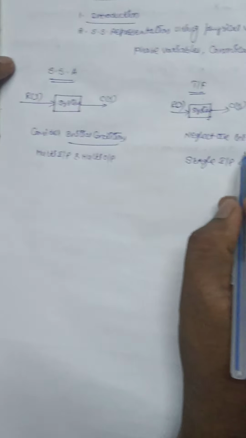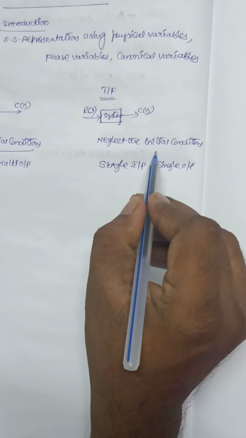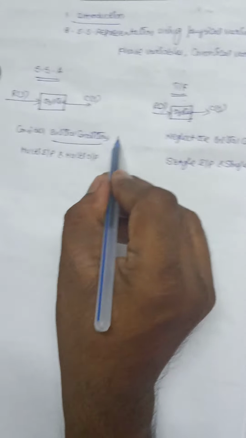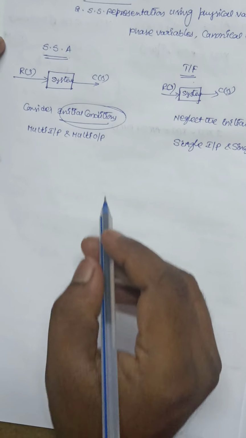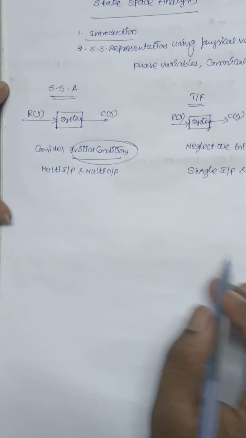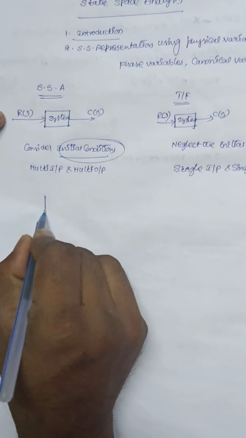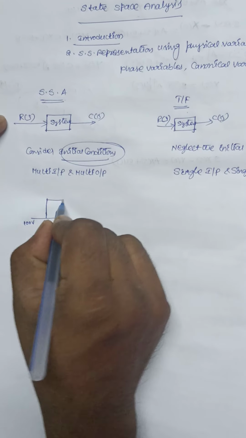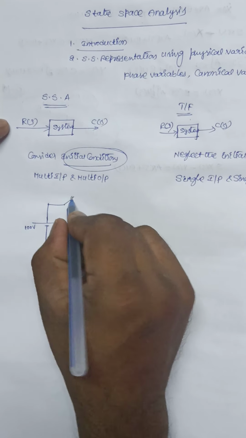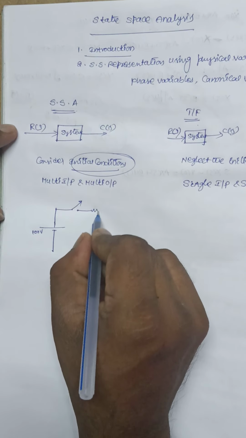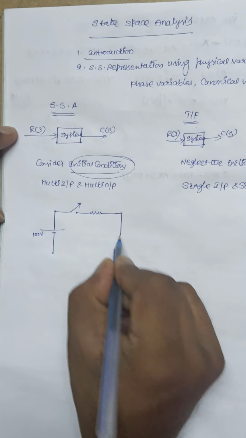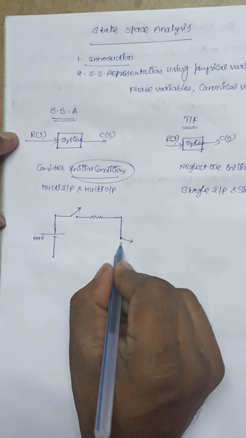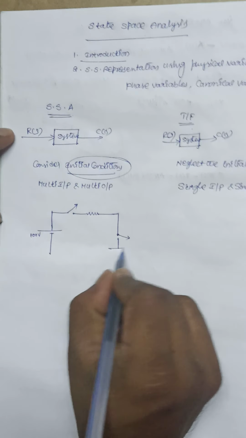So let me explain what are these initial conditions, and what are these multi input and multi output systems. First of all, let me explain the initial conditions. Initial conditions means, suppose consider an electric circuit which is having a 100 volt source here, a switch, a resistor, another switch, and another voltage source.